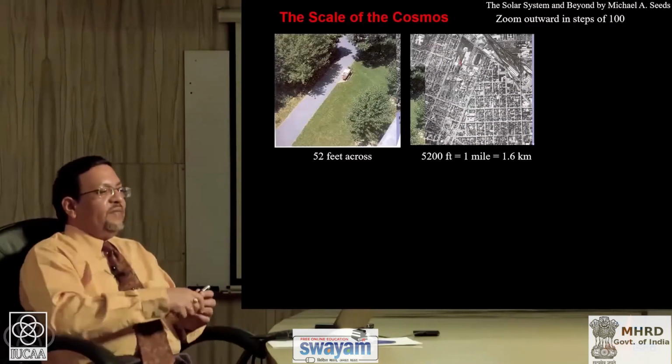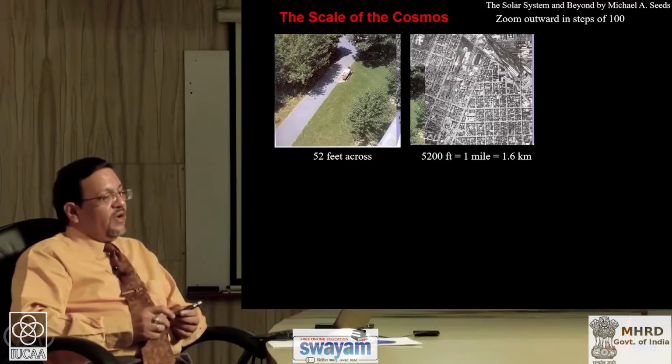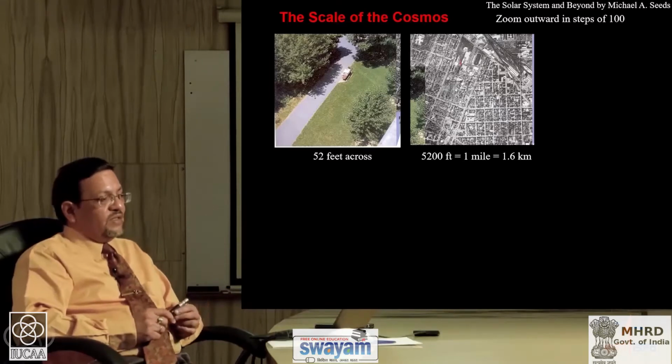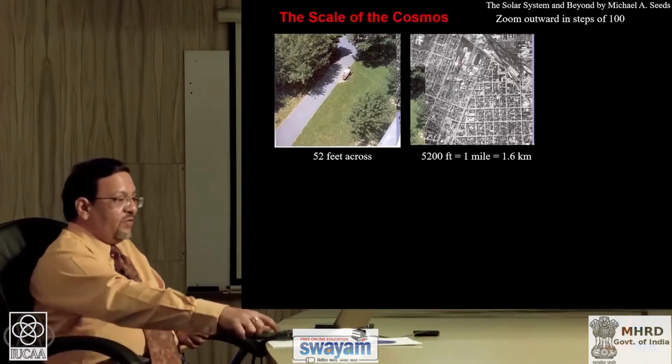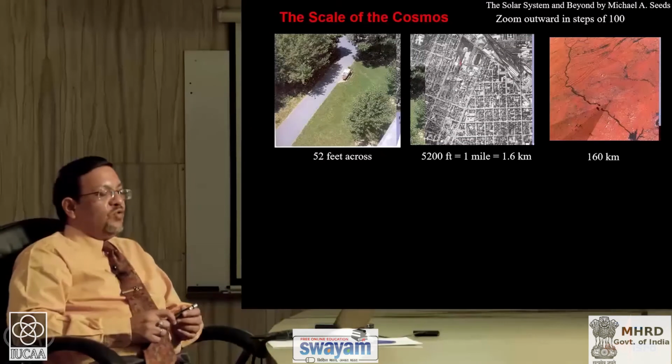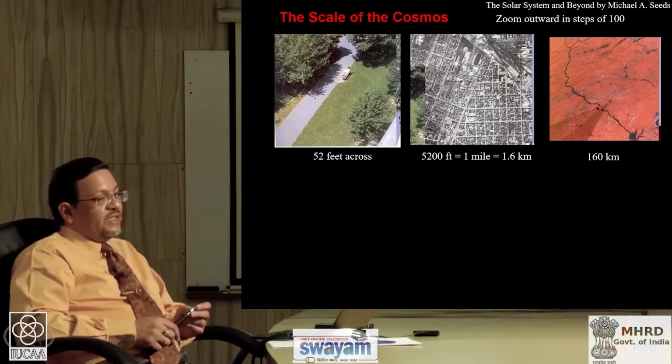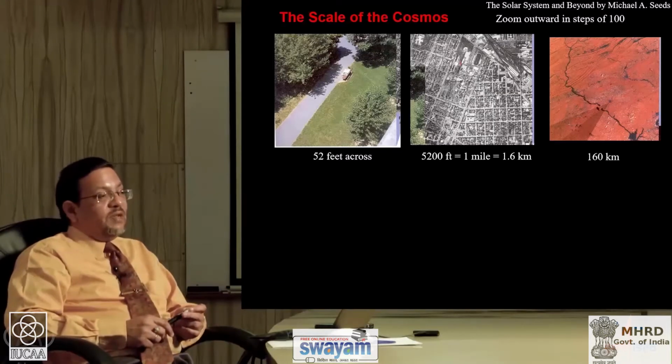Now, you can see the size of a small town or a city, and you can see the roads, you can see some flyovers. If you zoom this further, you go to the dimension of roughly a state, and you can see in the middle of these red patches black lines, which is nothing but a river flowing across.